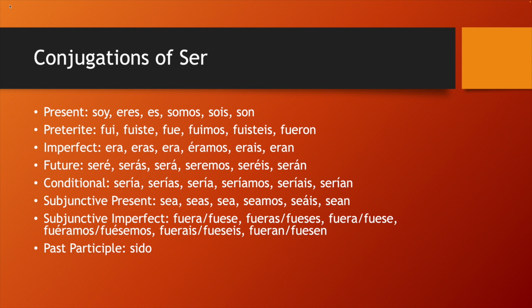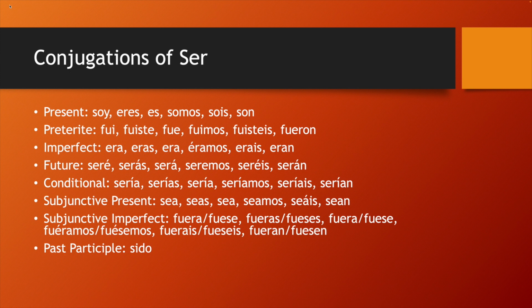Here are the conjugations of ser. I'm not going to read all of these aloud, so feel free to pause the video if you want to take any notes. But we'll talk about the indicative, present, and preterite. Going in the form of first person singular, the yo form, then the tú form, the third person singular, followed by first person plural, then the kind of second person plural, but informal in Spain, the vosotros form.